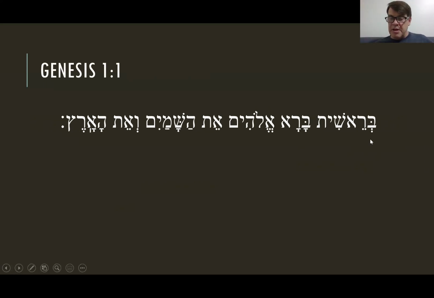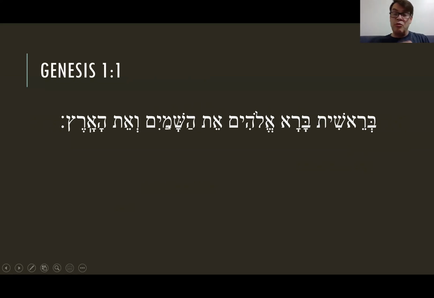Now, if you're just learning Hebrew, let me just start this week with the consonants. And if you could learn these consonants, you would be well on your way. So this is a beit, this is a resh, this is an aleph, sheen, yod, tav, beit, resh, aleph, aleph, lamed, hey, yod, mem, aleph, tav, hey, sheen, mem, yod, mem.